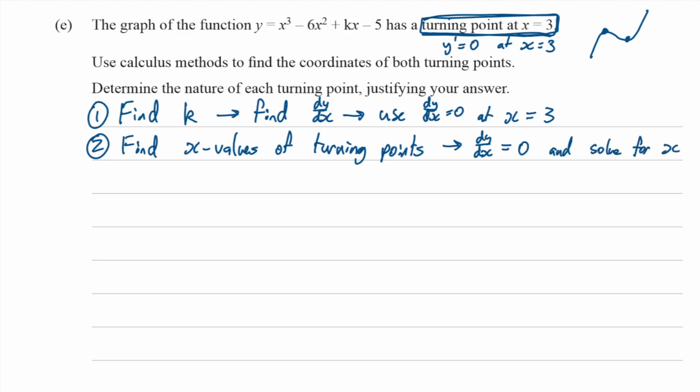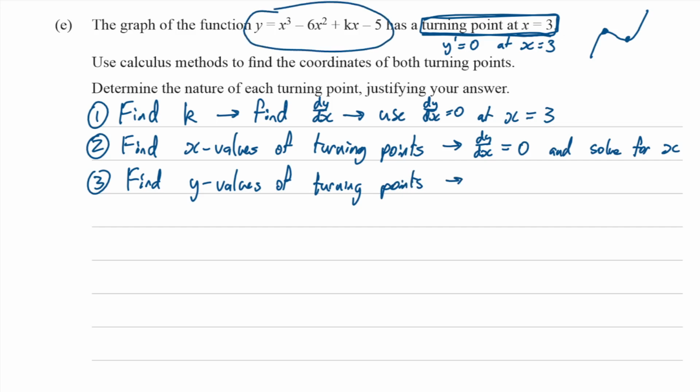And we would expect one of them to be x equals 3. Okay, and with our x values, we can then find the y values of the min or max points, or I should say turning points, keep it consistent. And to do that, we will use our original function, keeping in mind we found k, so now it's complete. So using y equals x cubed dot dot dot.